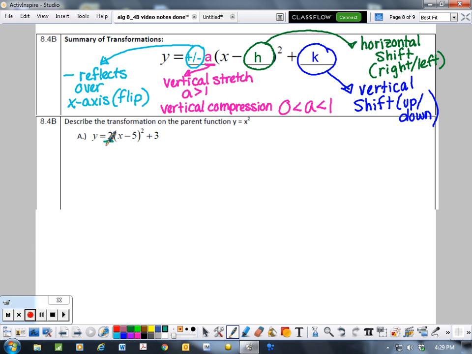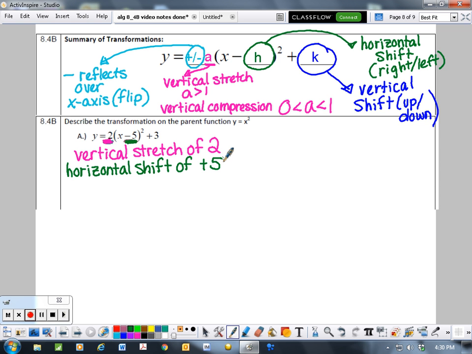So here, this is our A value, it's 2. So that means that 2 is greater than 1. So we have a vertical stretch of 2. Here, it says -5, which means our original value is the opposite, +5. So this is our, I should color coordinate. So this is our green. So this is a horizontal shift of +5.